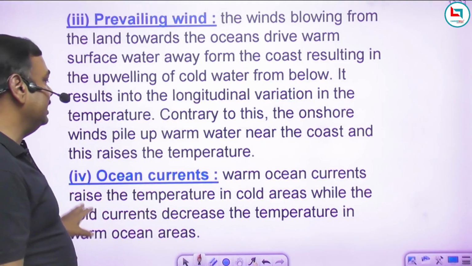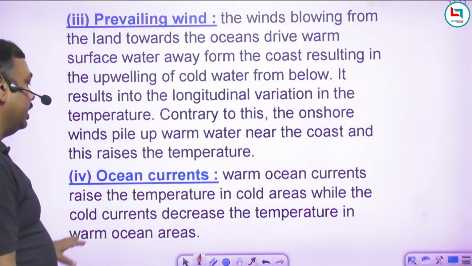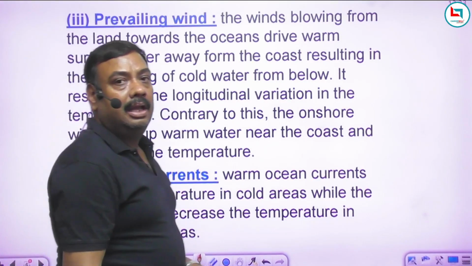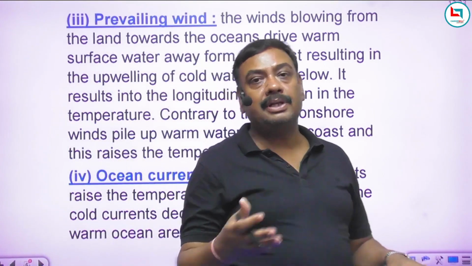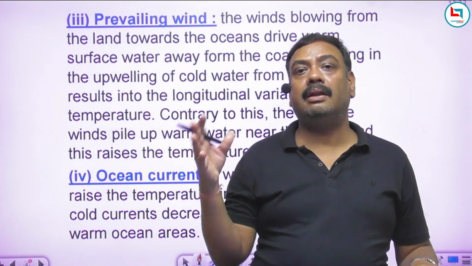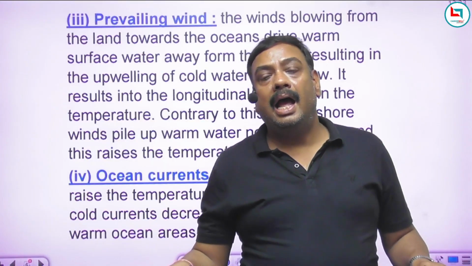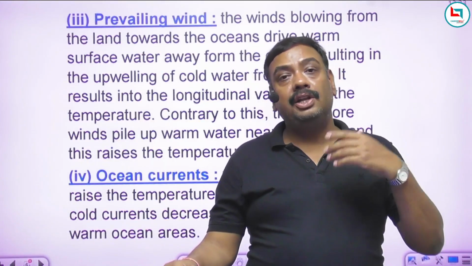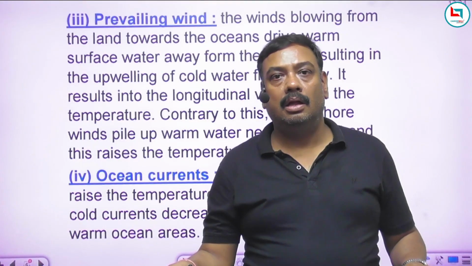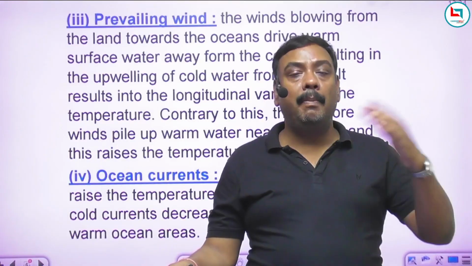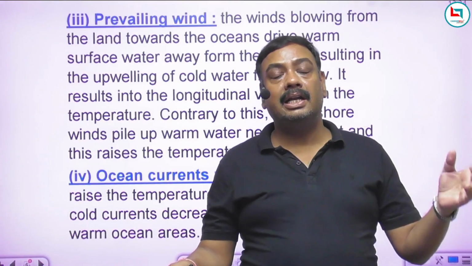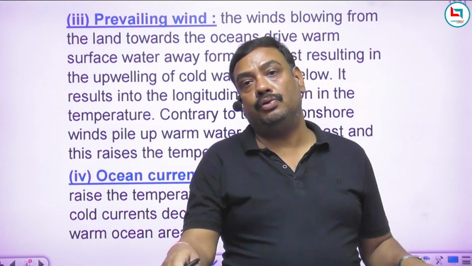Warm ocean currents raise the temperature in the cold areas, while the cold currents decrease the temperature in the warm ocean areas. Obviously, if the temperature has been raised in a region, that means the region was cold earlier, and after the reaching of a warm current, the temperature got raised. If a region was warmer earlier and a cold current has reached there, it is able to decrease the temperature of ocean water in that area.